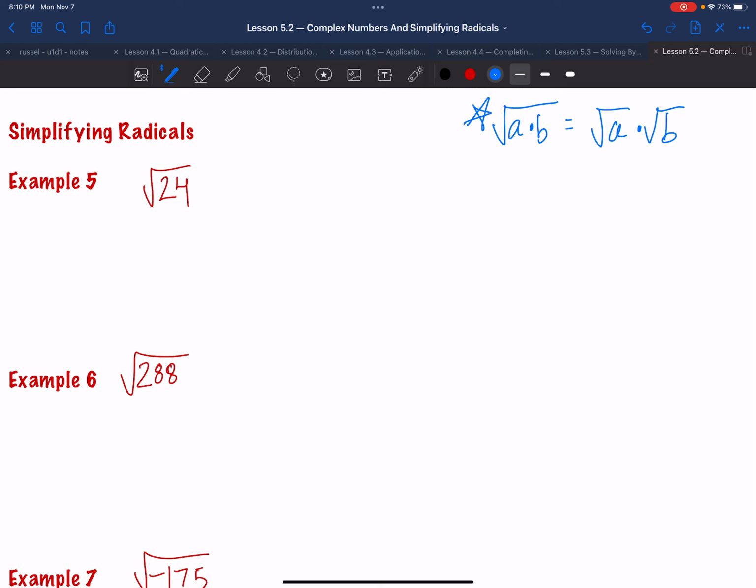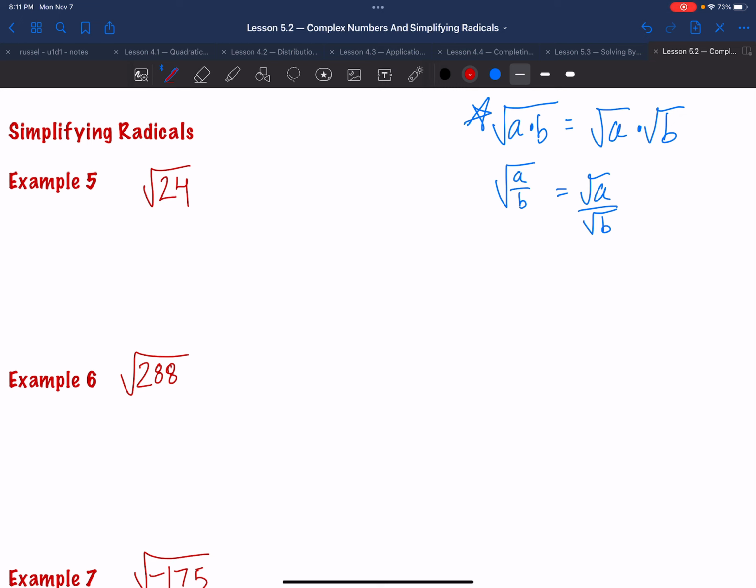You could also say that the square root of a divided by b equals the square root of a over the square root of b. These are both true, and you can use these anytime you need. These rules are exponential rules hidden in disguise, and we'll talk about what that means later.